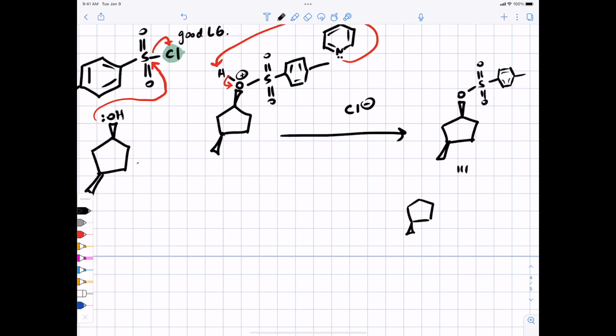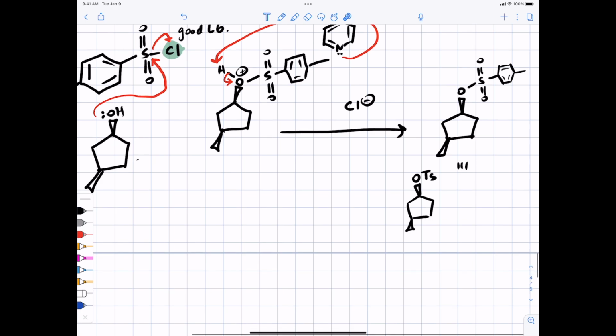They instead will write Ts to stand for the para-toluene sulfonyl, and then with the oxygen there. This functional group would technically be called a sulfonyl ester, but we're going to call it a tosylate.